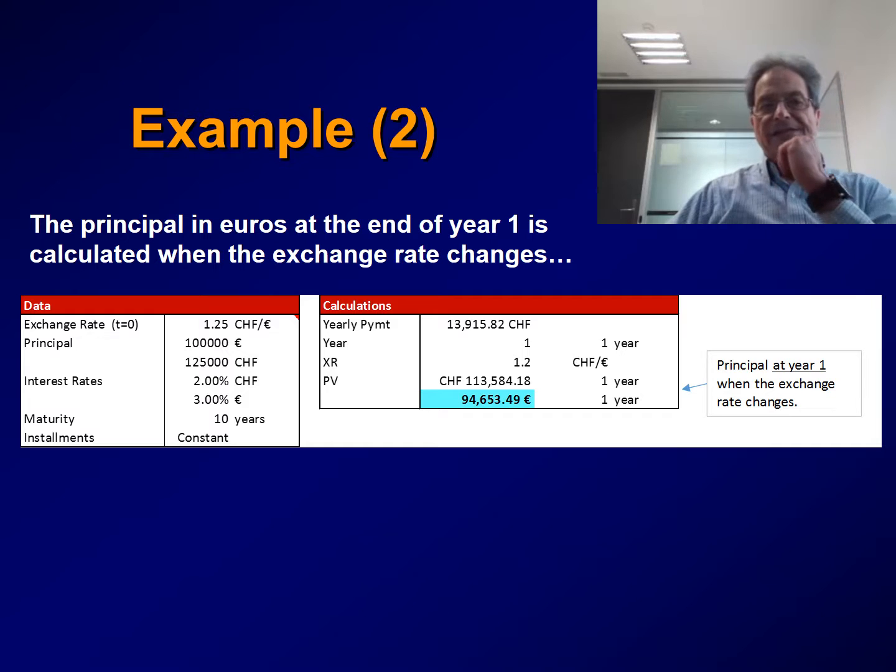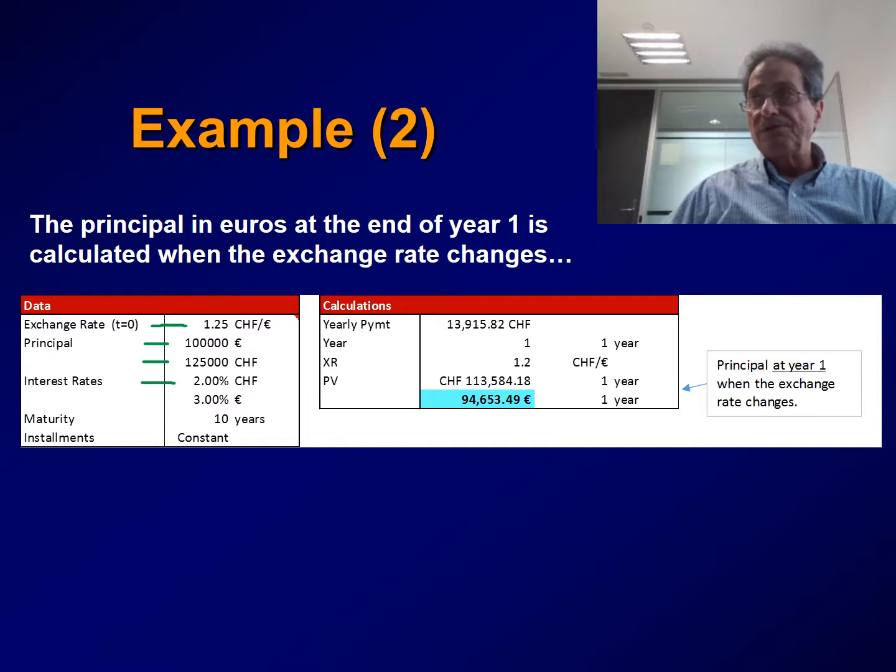Here in this slide, we just have the same information that we explained at the beginning. This is the initial exchange rate, 1.25 francs per euro. The principal was 100,000 euros at the beginning, and it is equivalent to 125,000 Swiss francs. The interest rate in Swiss francs is 2% versus 3%, which would be the interest rate in euros.